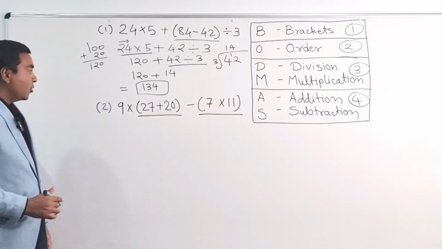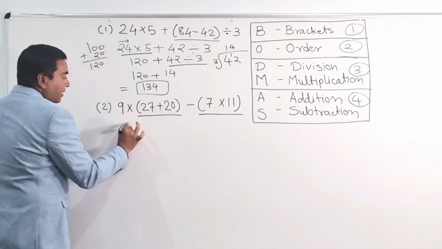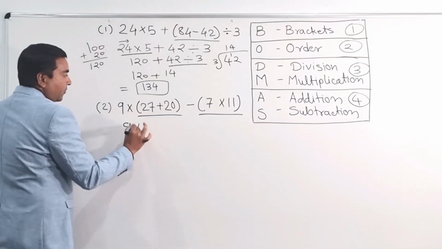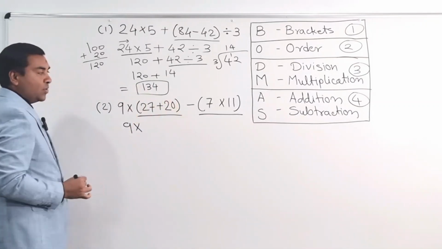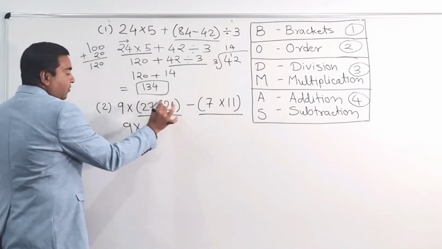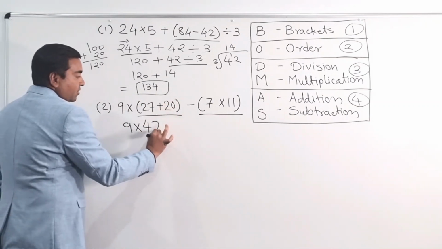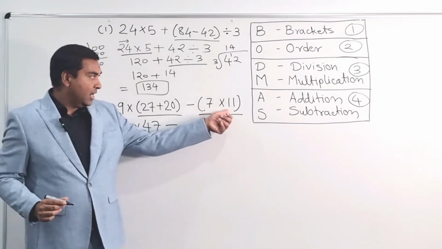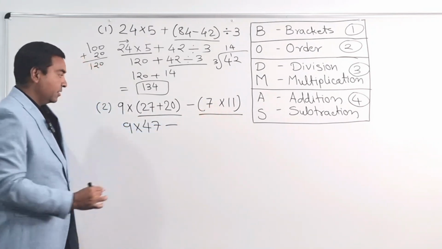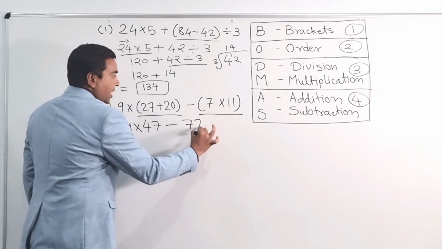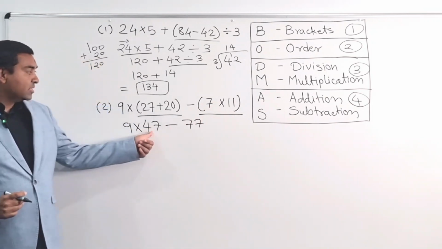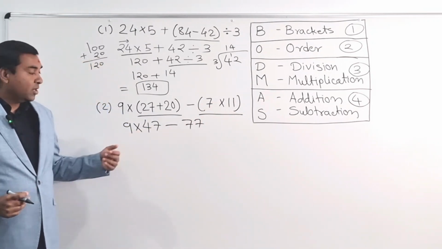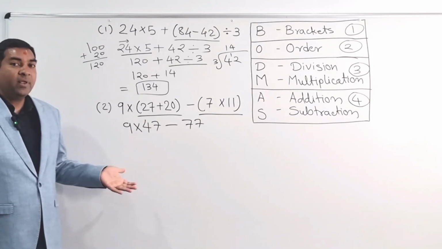Other than that, I'm not going to touch anything. So 9 is as it is, then times 27 plus 20. So 37, 47. So that is going to be 47. And then there is a minus, and then 11 times 7 is 77.